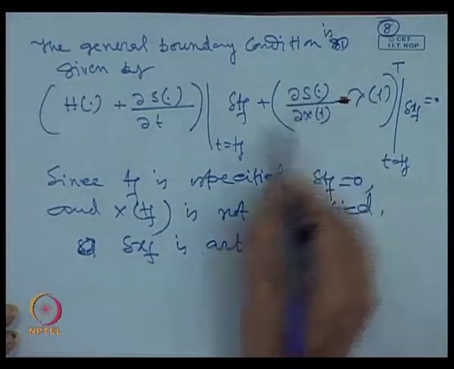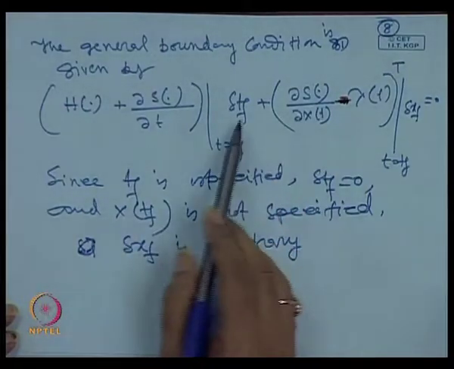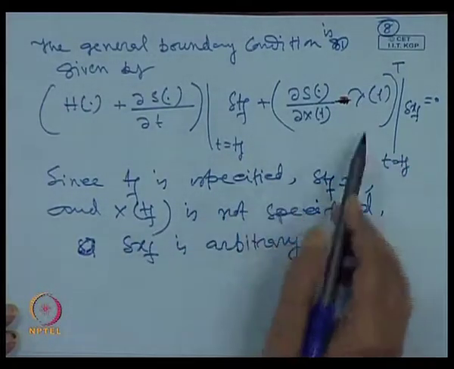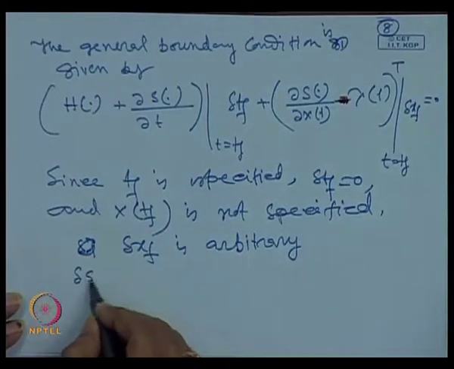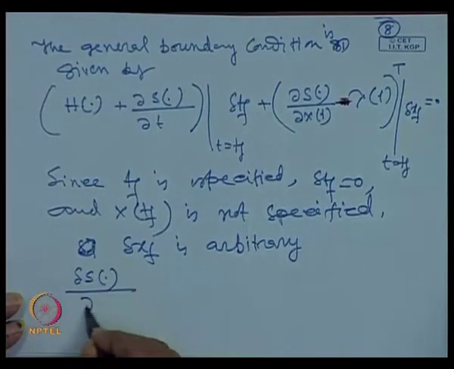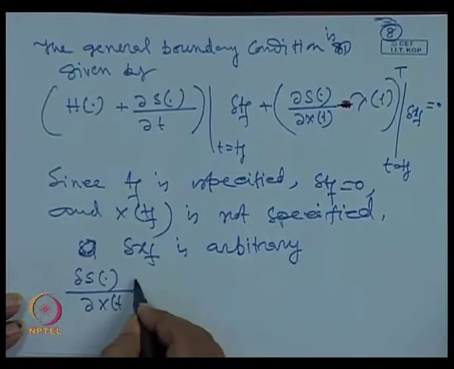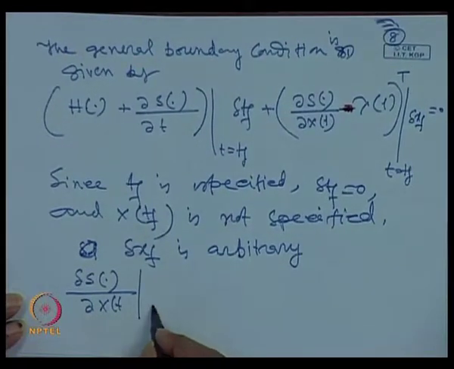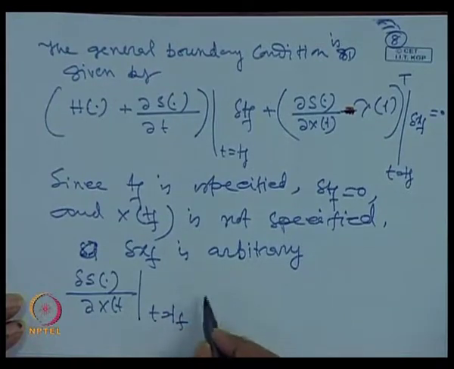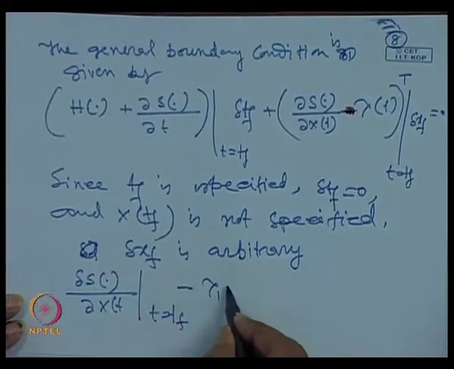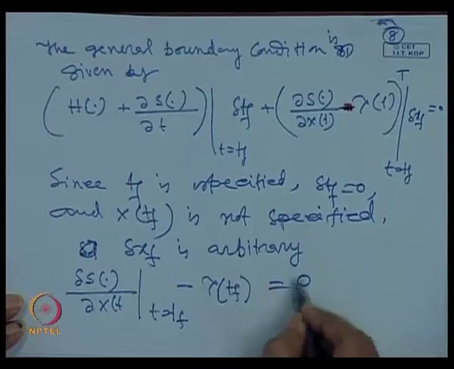Just see this one. If you put here del S by del x at t equal to T f, minus lambda at t equal to T f, this equals 0.